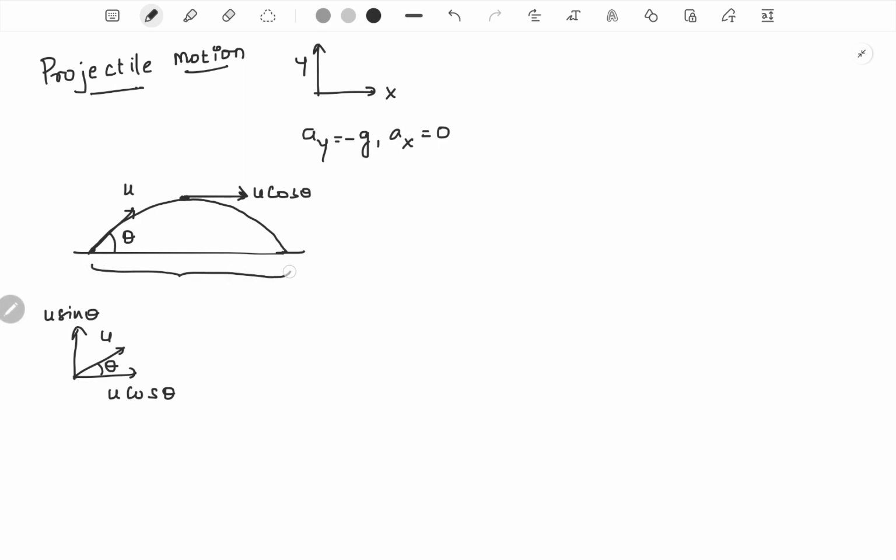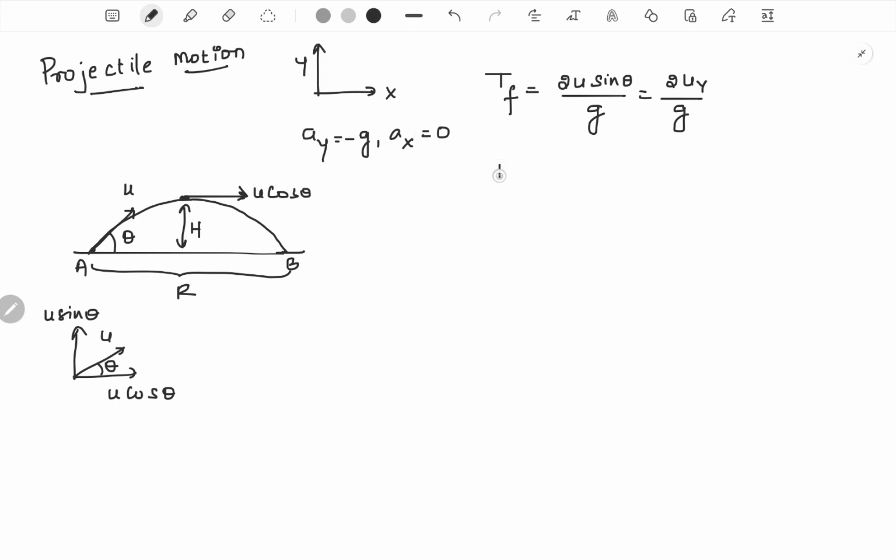So this would be the range and this would be the maximum height, and let's say it was projected from point A and let's say it hits the ground at point B. So the time of flight, that is the total time for which it's been traveling before it hits the ground again, which is 2u sin theta by g, or we can also write it as 2 into uy by g. So where uy represents the vertical component of the body at the moment of projection.